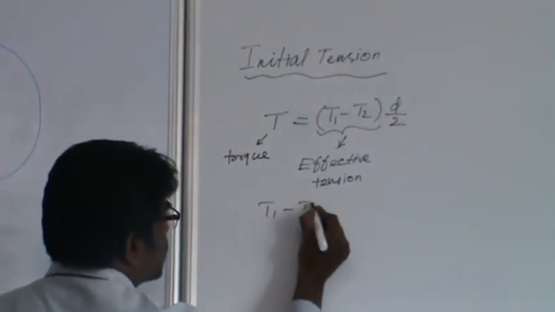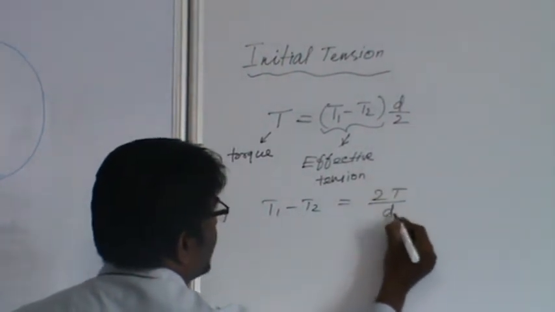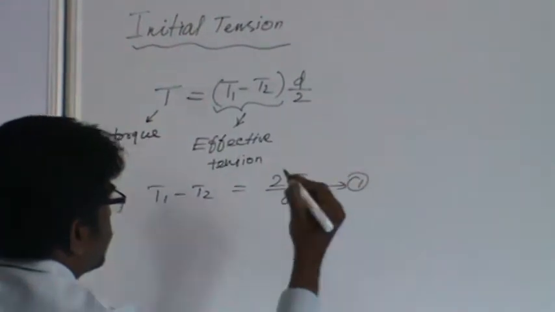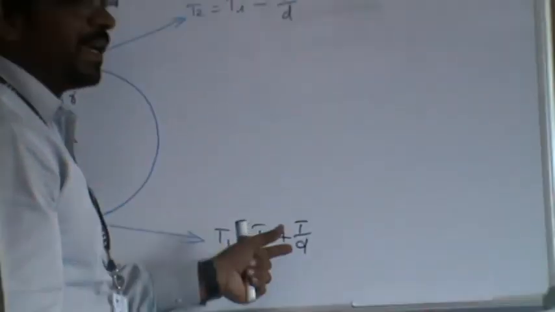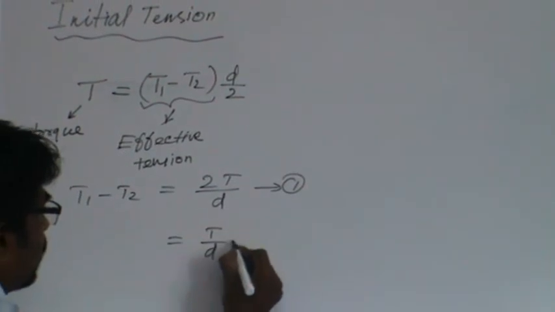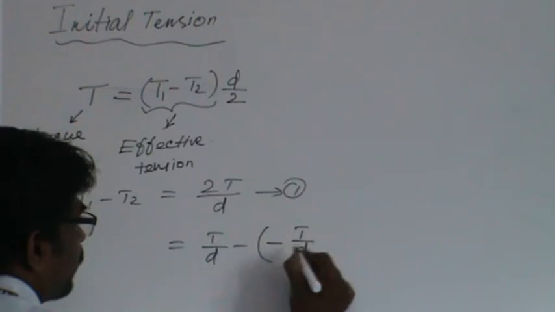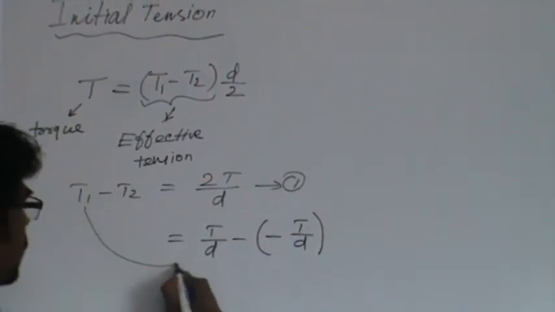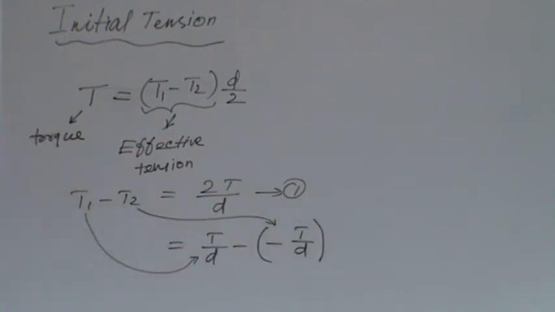So T1 minus T2 is 2T by D. How is it minus T by D and how is it plus T by D? So this corresponds to this and this corresponds to this.